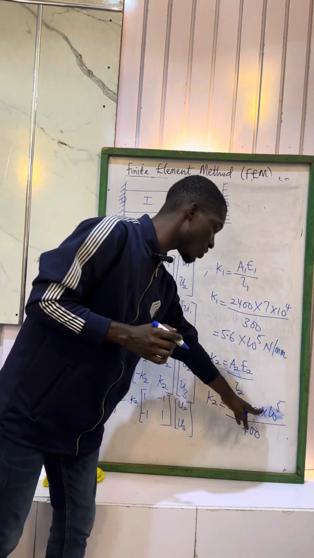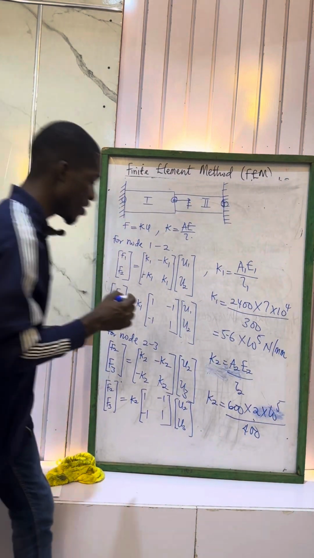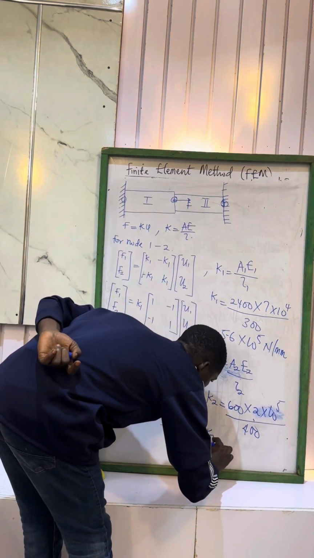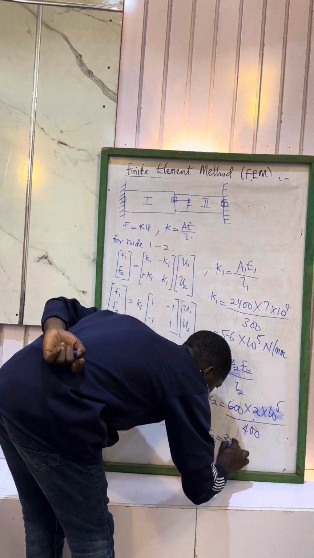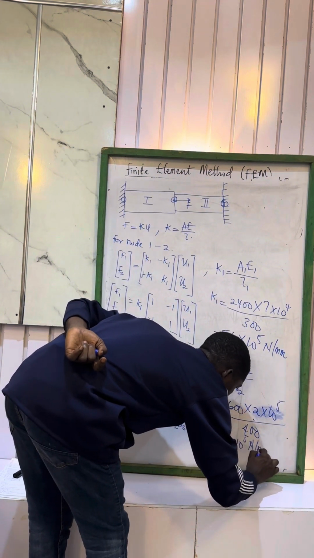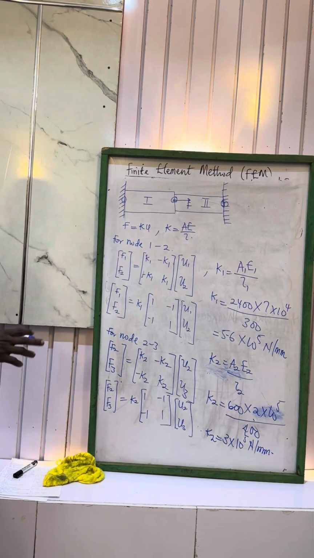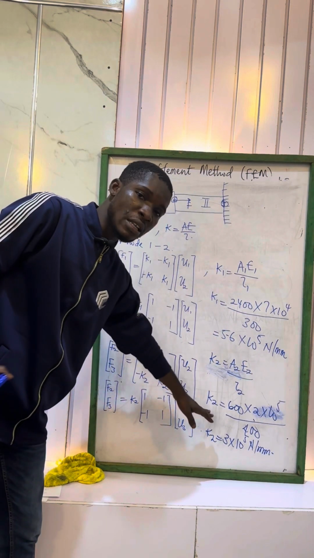So 600 times 2 times 10 raised to the power 5 over 400. When you solve this using your calculator, K2 equals 3 times 10 raised to the power 5 Newton per millimeter. You can see we have gotten our K1, and we have got our K2.